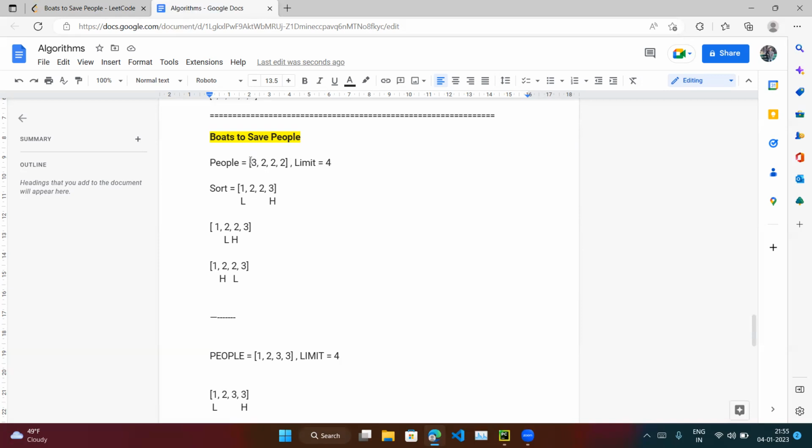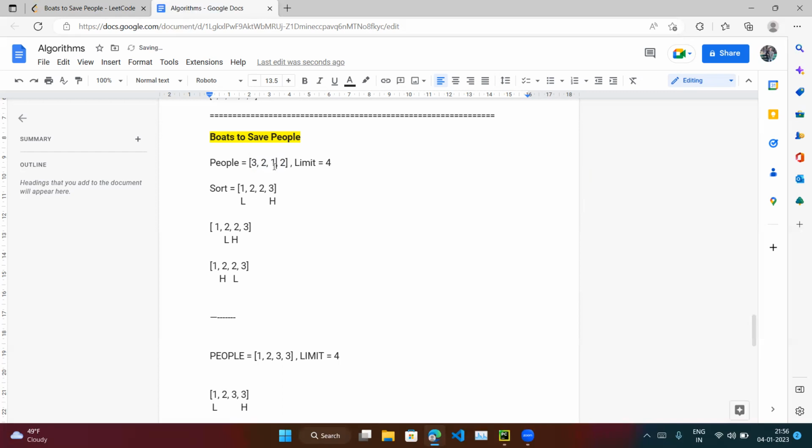So if the maximum person cannot adjust with the minimum person, this person has to travel alone, because a maximum of 2 people can be put into the boat. If the maximum weight cannot adjust with the minimum one, that person has to travel alone. Then we can go to the next person.